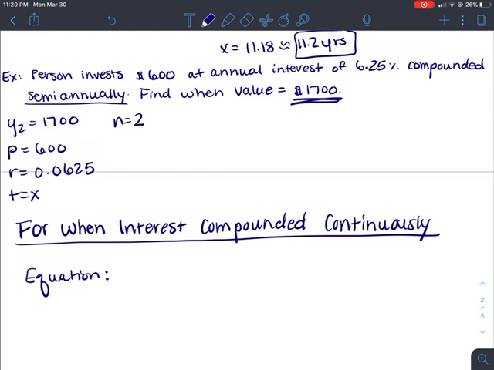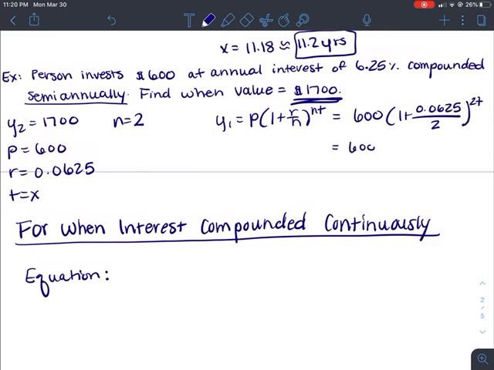So I plug it into my equation. y1 equals p times 1 plus r over n to the nt power. That gives me 600 times 1 plus 0.0625 over 2 to the 2t. This gives me 600 times 1.03125 to the 2t.